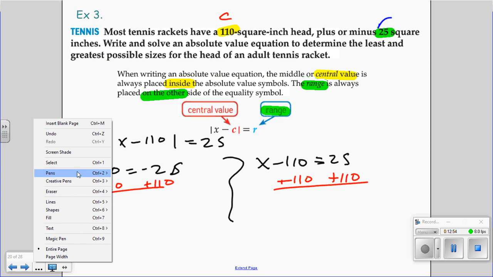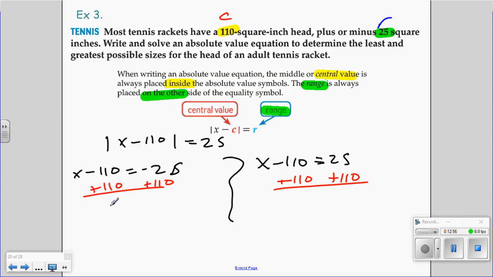On the first, when you add, you're left with x equals, I believe, 95. Sorry, 85. Let me check.